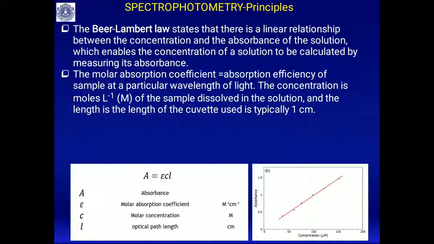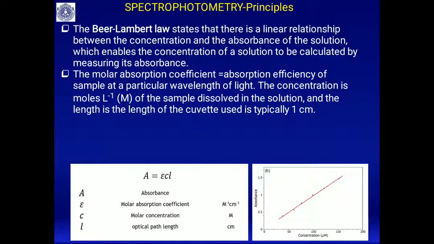The molar absorption coefficient is the absorbing efficiency of a sample at a particular wavelength of light. The concentration is in moles per liter, M, of the sample dissolved in the solution, and the length of the cuvette is typically 1 centimeter.